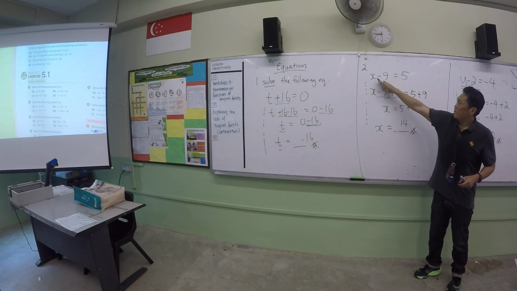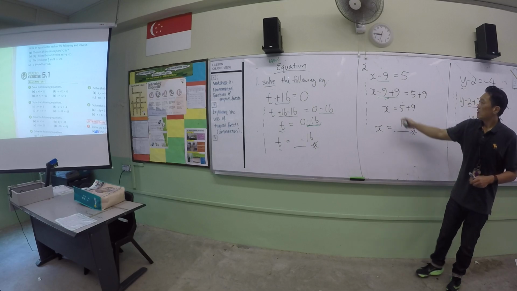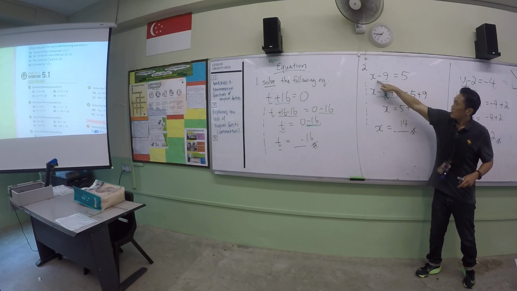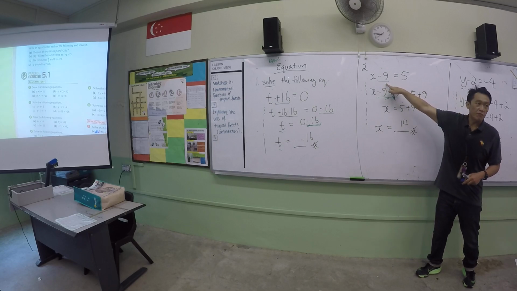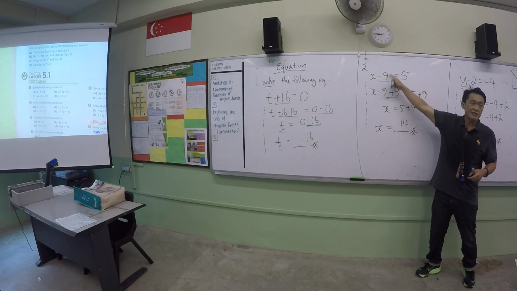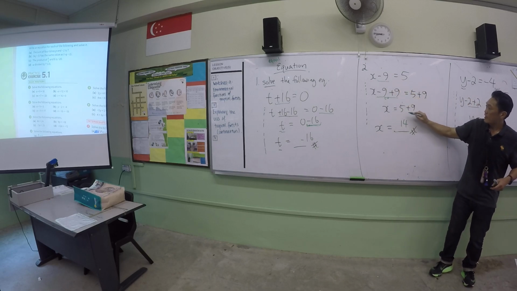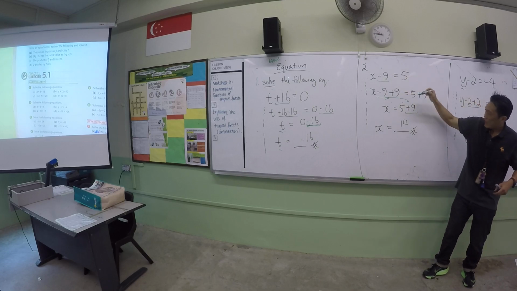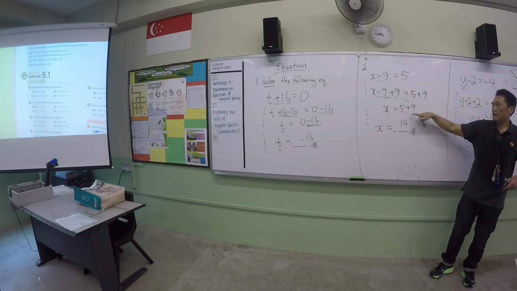And if the number here is minus 9, let us take a look straight away. The minus 9 will definitely disappear because I purposely choose plus 9 to cancel it away. So the minus 9 is like it moves to the right hand side and becomes plus 9.